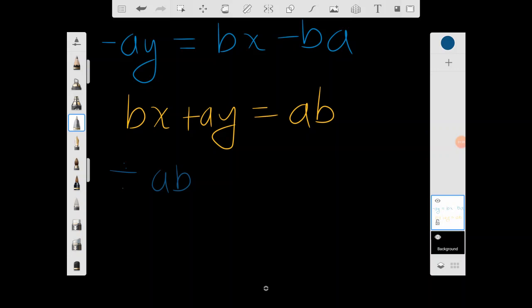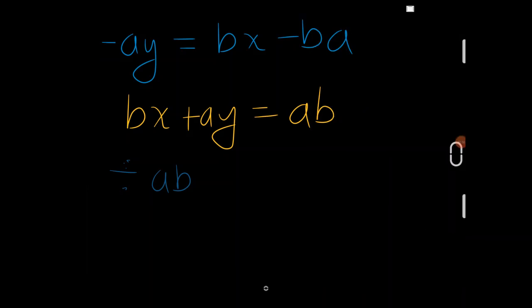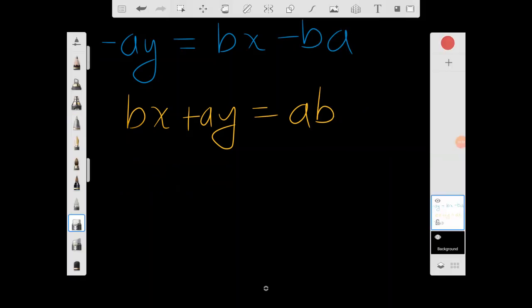Dividing both LHS and RHS by ab. So when I divide both by ab, I'll write it like this so that you can see. Divide by ab, divide by ab, and divide by ab.